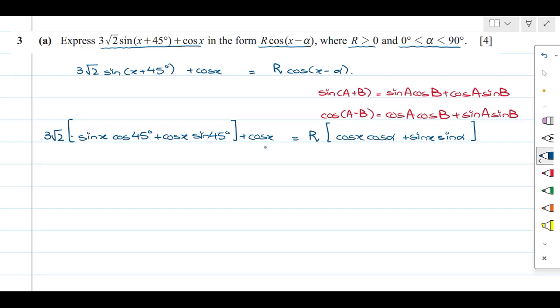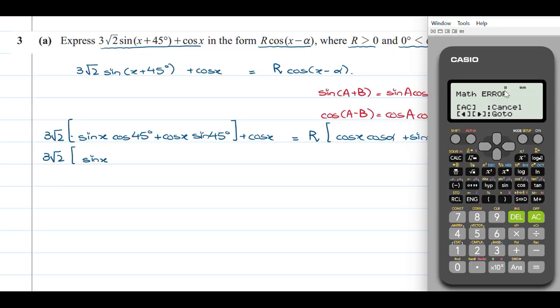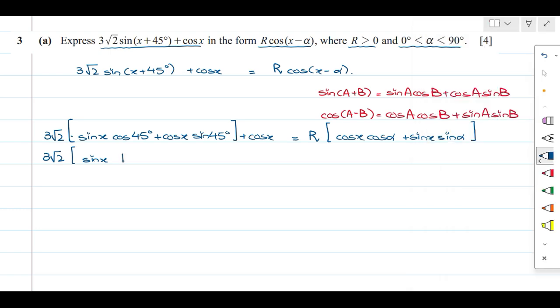Cos 45, sin 45, 3 square root of 2. We have sin x. What is cos 45 degrees? My calculator is in radian mode, right? Let me convert it into degree mode. Now it is in degrees, right? Now cos 45 degrees is root 2 by 2, square root of 2 divided by 2, plus cos x.